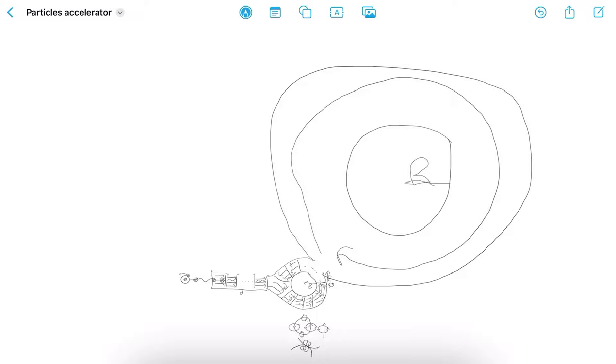So this is the loop that can make the protons travel at extremely high speed.